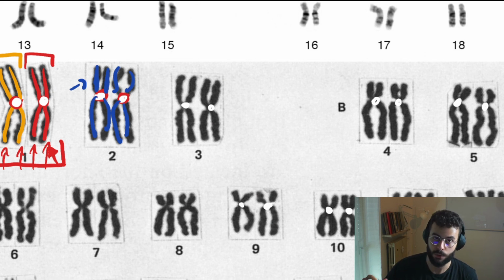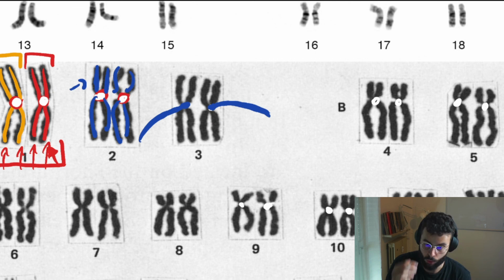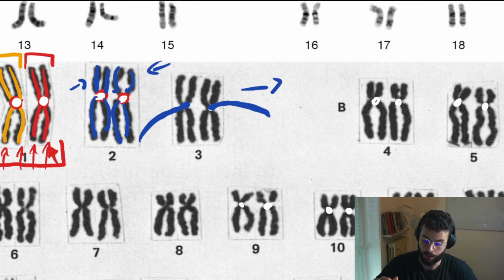Now, in the next few lessons, we are going to actually understand how the cell replicates and separates. You are going to see that you have the microtubules coming and attaching to this area close to the centromere. And the centromeres, this one and this one, are going to go to separate sides.